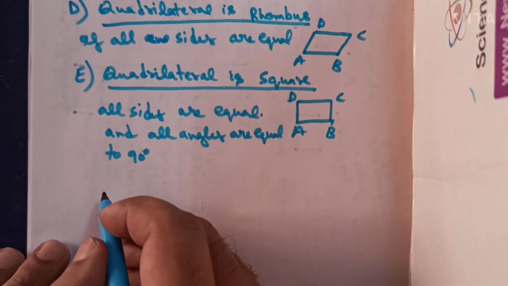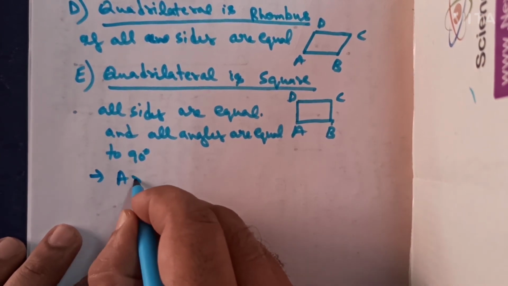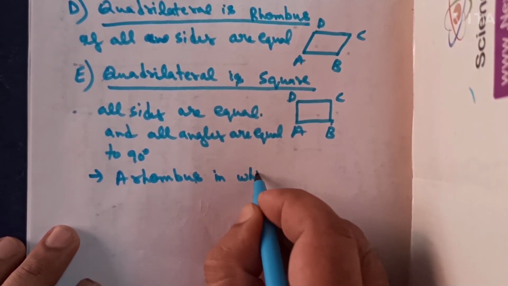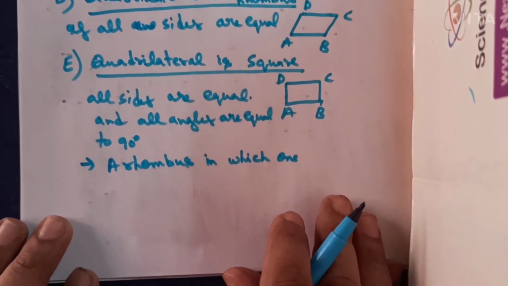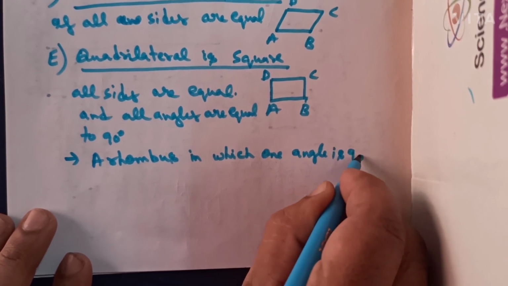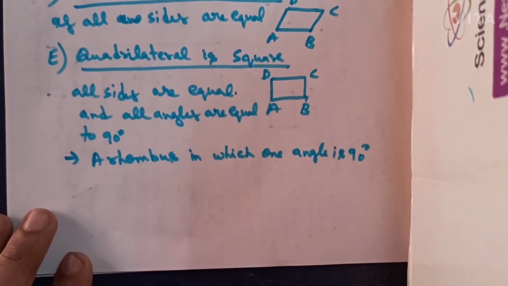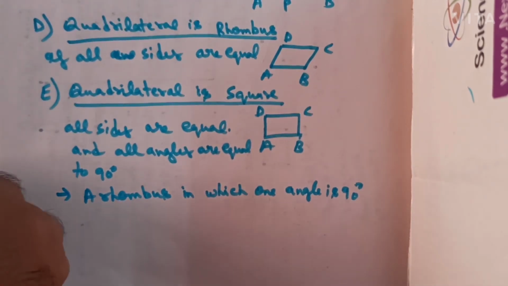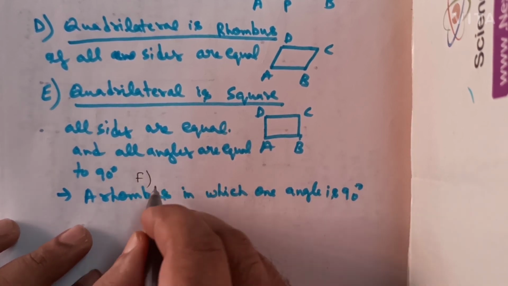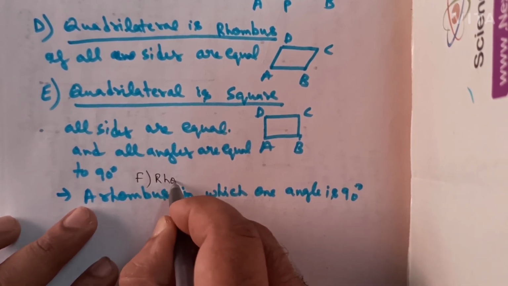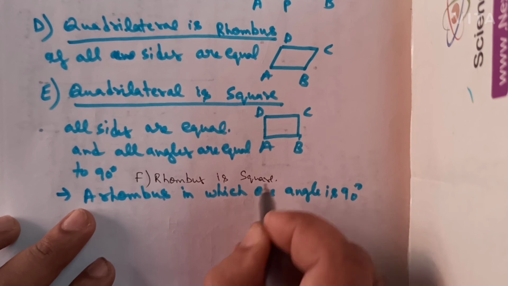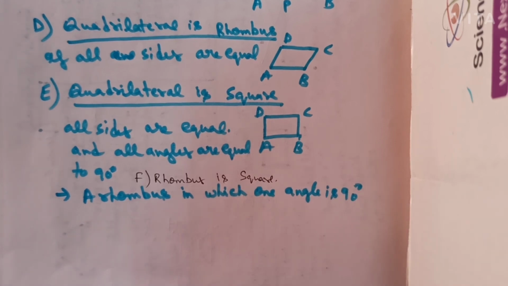So we can also say that a rhombus in which one angle is 90 degrees is a square. So this is part number F, that is, a rhombus is a square. Okay, a rhombus in which one angle is 90 degrees is a square.